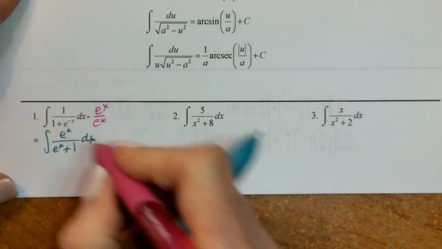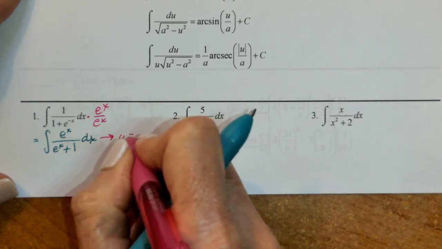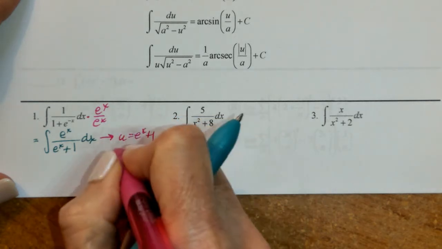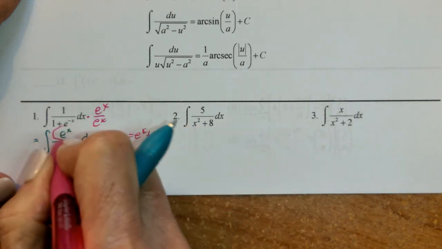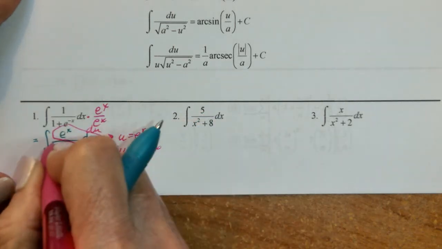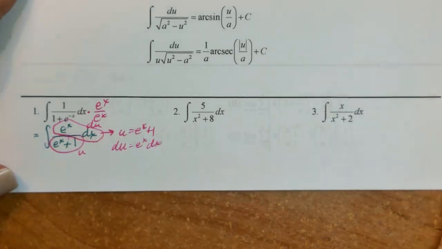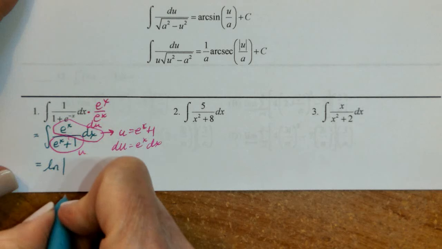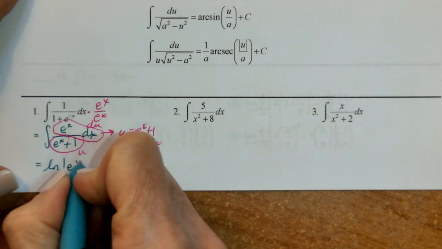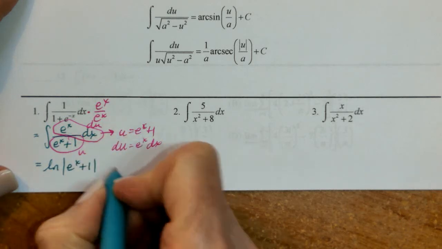Now we can go off to the side and do a u sub. u is our denominator. So du here is e to the x dx. There's my du. Here's my u. So this is just 1 over u du, which is the natural log of the absolute value of u, where u is e to the x plus 1.